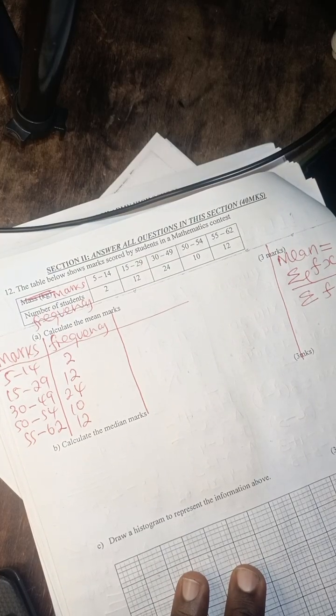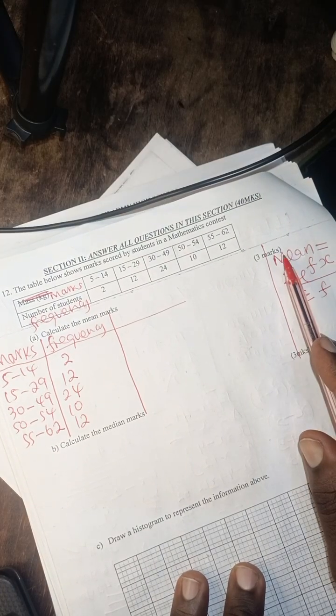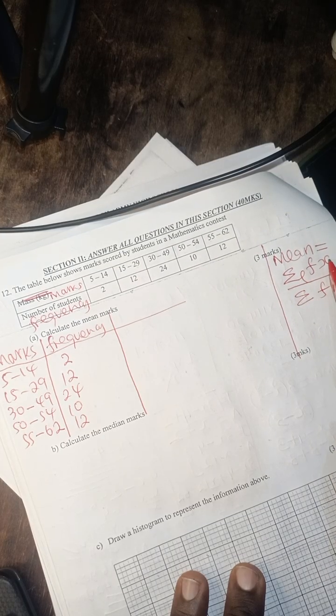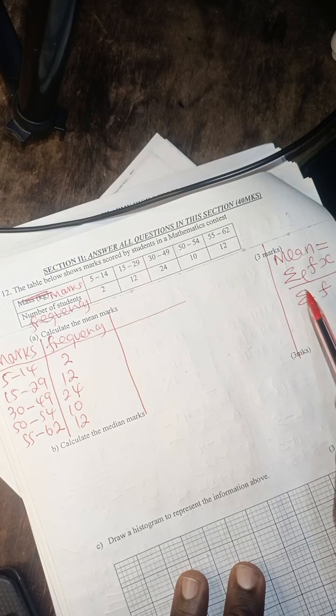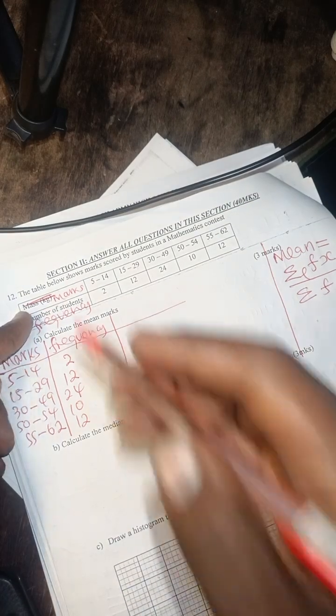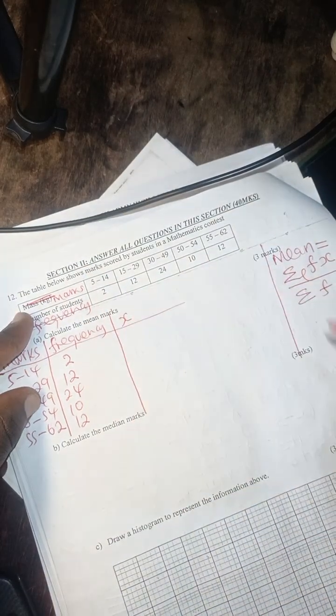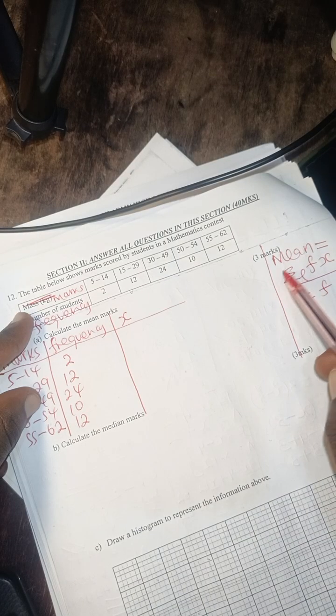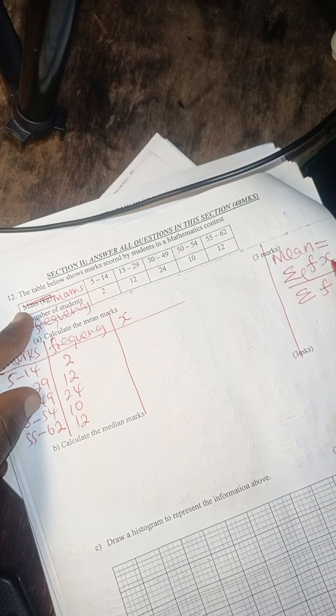Mean is equal to the summation of fx, where x represents the midpoint, over the summation of frequency. Summation means the sum, or when you add all those values together. So I'll first need to get x, then you divide those two.